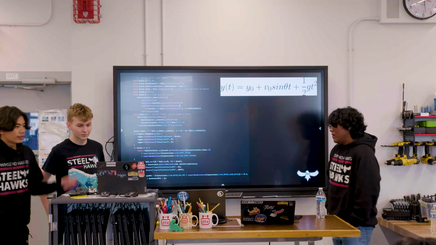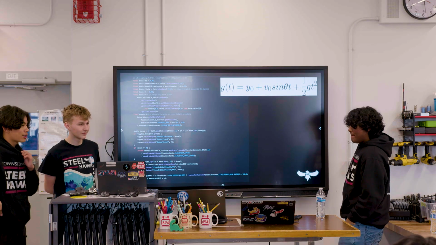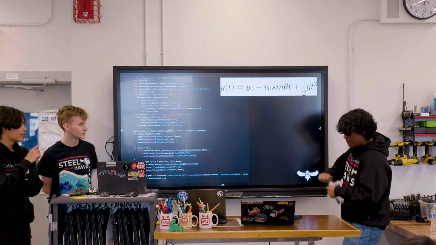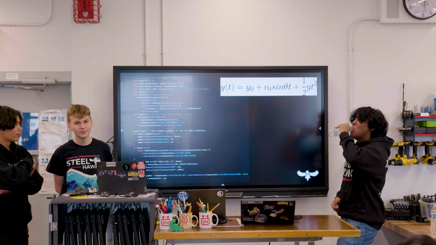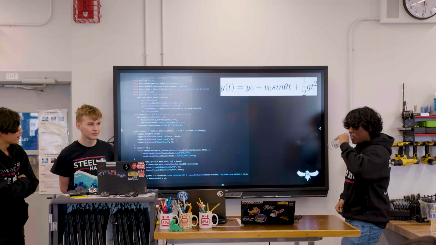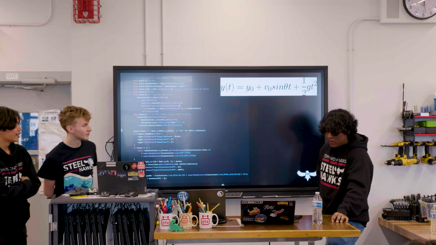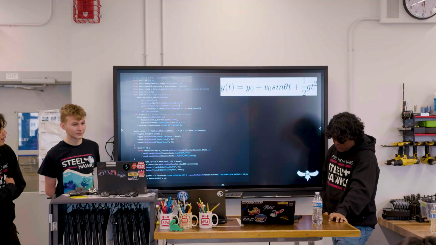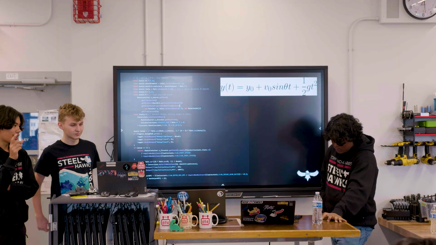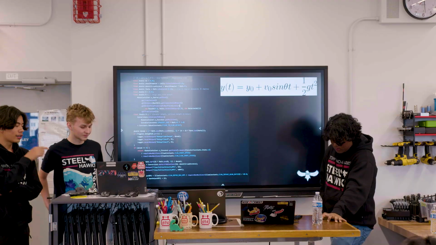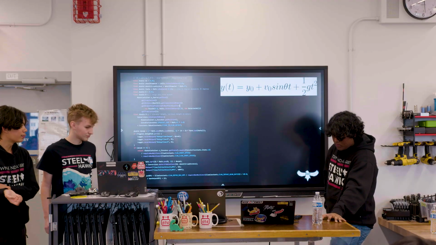First we start off with this kinematics equation, which gives you the height as a function of time. Obviously we can't do much with this equation because we don't know the time it takes for the coral to go from the claw and actually reach the branch.